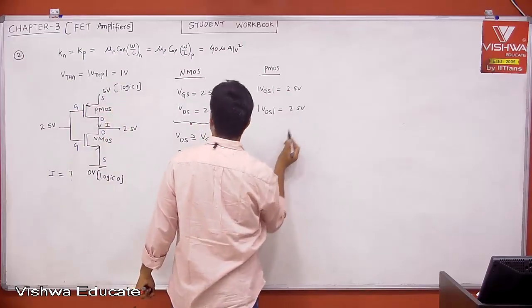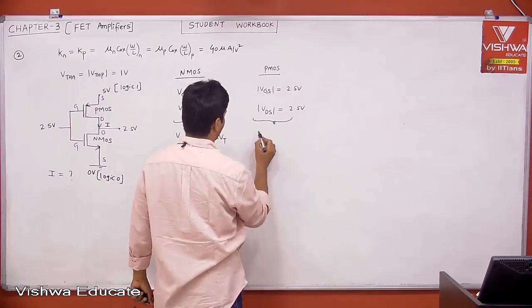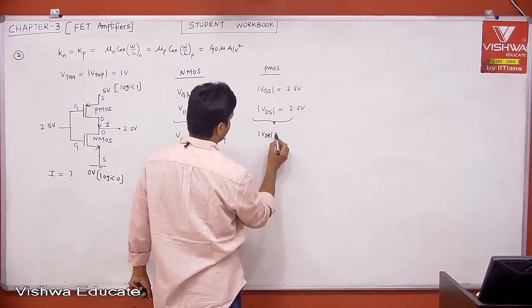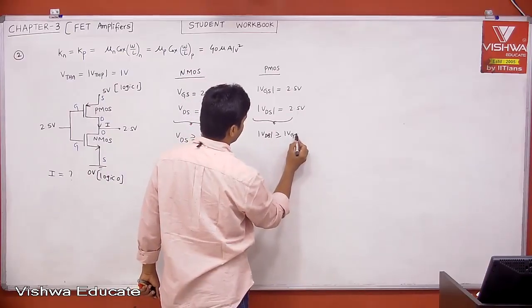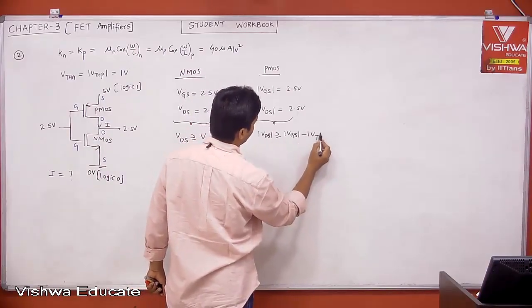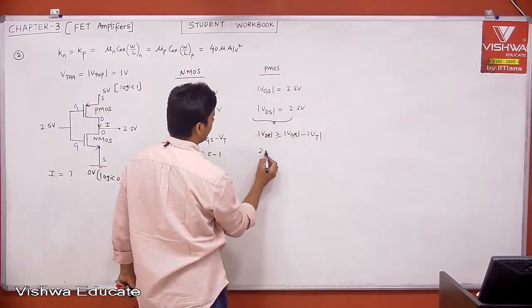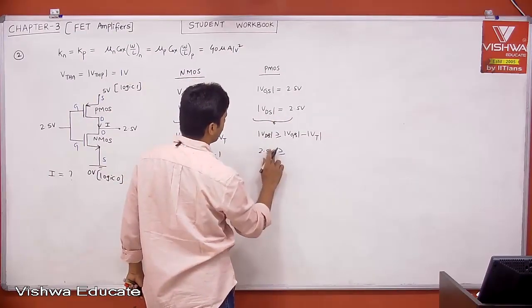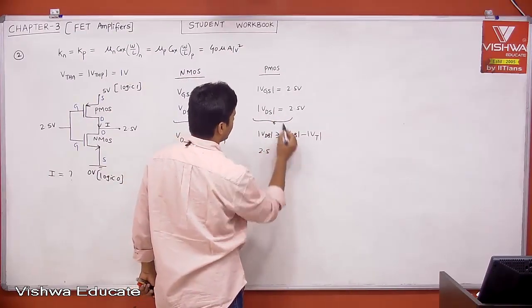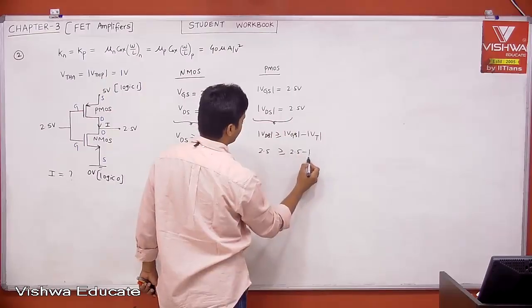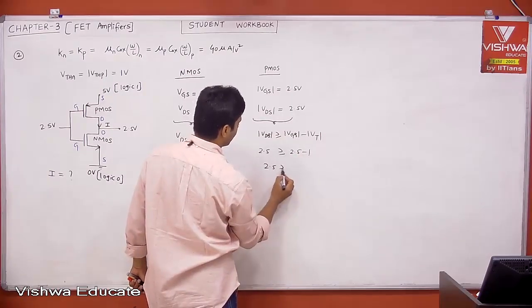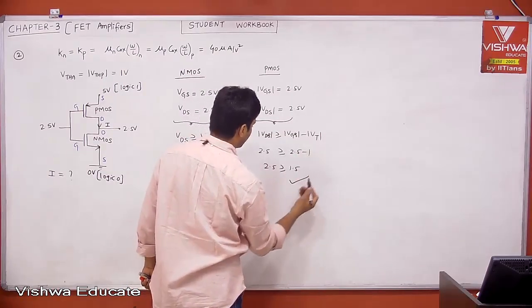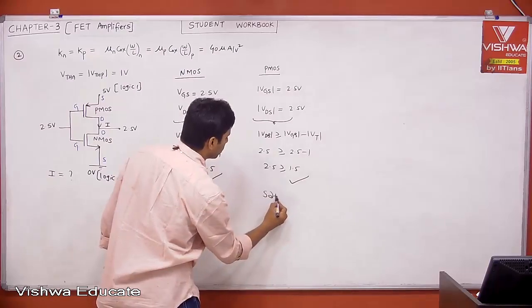Again, both are the same. Therefore, mod VDS is greater than or equal to mod VGS minus mod VT. 2.5 is greater than or equal to 2.5 minus 1. Therefore, 2.5 is greater than or equal to 1.5. This is true. Therefore, this is also in saturation.